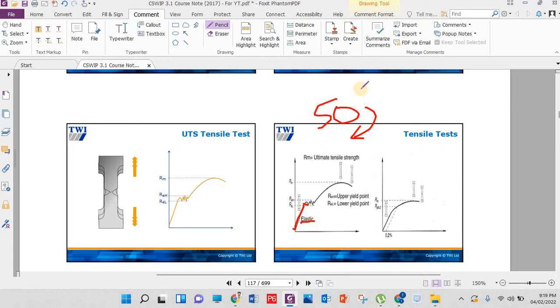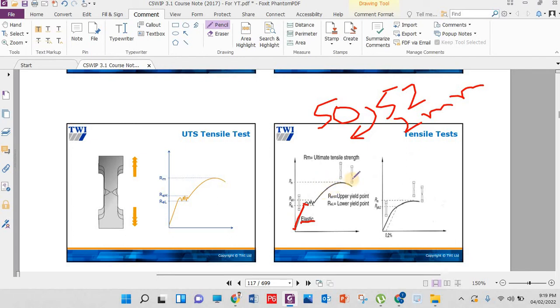Okay, but if I increase the load and it becomes, suppose, 52 millimeter after relieving the load, then we have 2 millimeter here, we have plasticity. Okay, I hope you got my point.